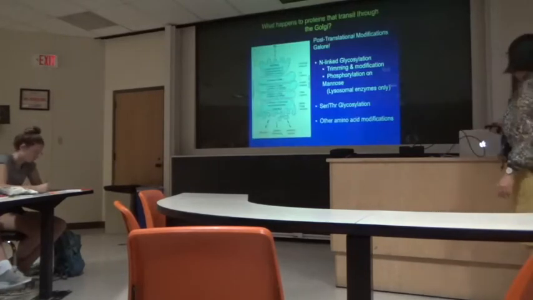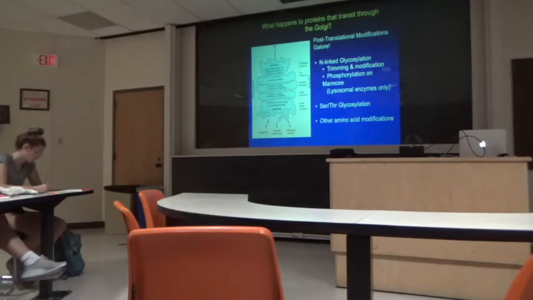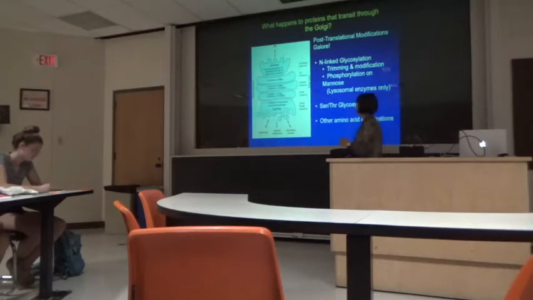Okay, so again, it's not just O-linked glycosylation, and it's not just N-linked glycosylation. There's a ton of stuff that happens in the Golgi as proteins pass through, going stack by stack. And the reason that proteins can be modified in such a complex way is because there are different enzymes in the Golgi. So the cis stacks will have a different set of modifying enzymes.